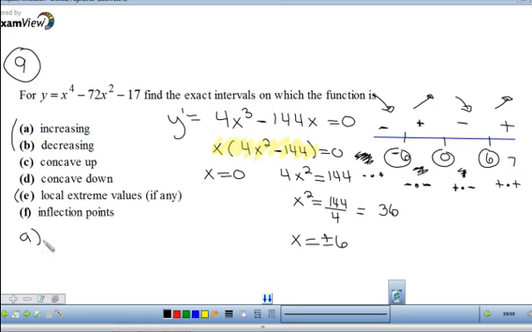Okay, so part A would be I'm increasing in the intervals negative 6 to 0 and 6 to infinity because this first derivative is positive.